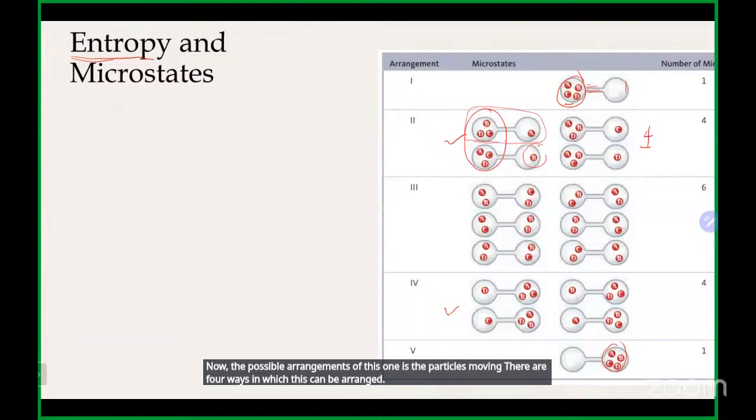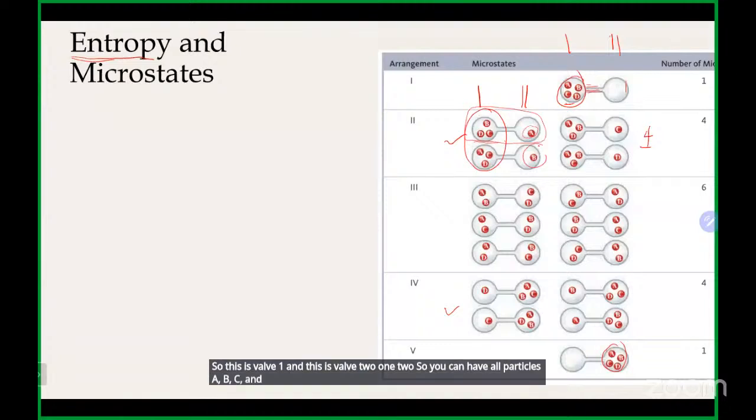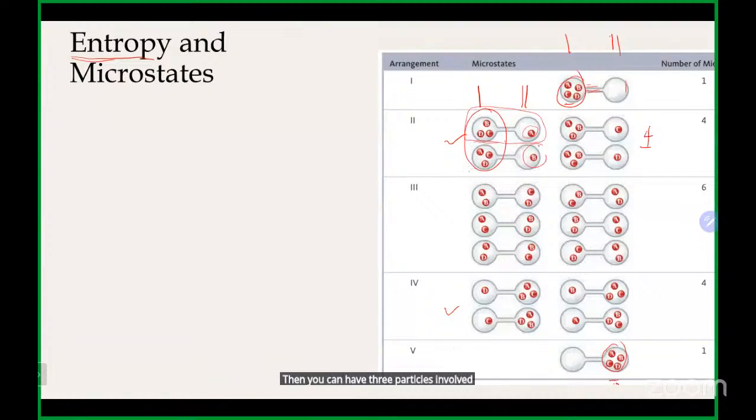The particles have been labeled A, B, C, D. Let's label this valve 1 and this valve 2. You can have all particles A, B, C, and D in valve 1, or all in valve 2. Then you can have 3 particles in valve 1 and 1 in valve 2.